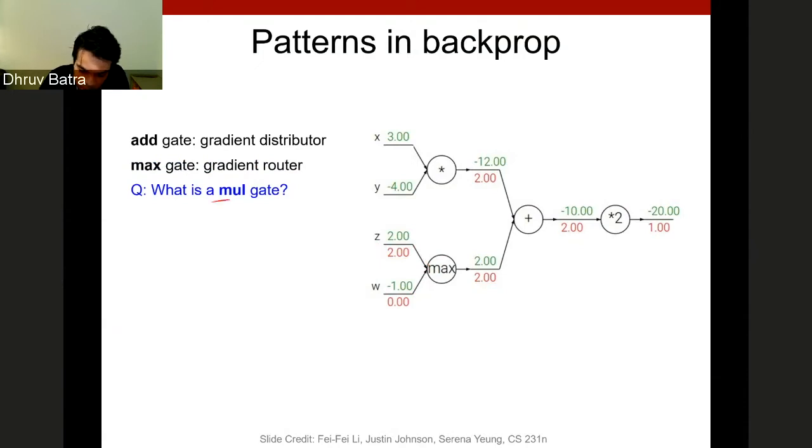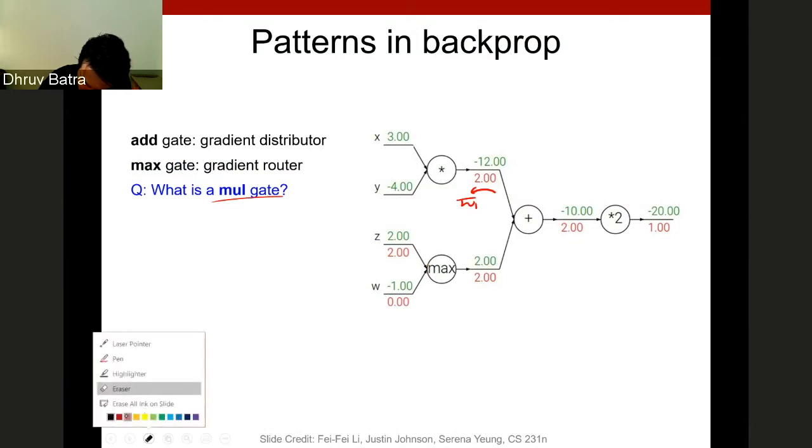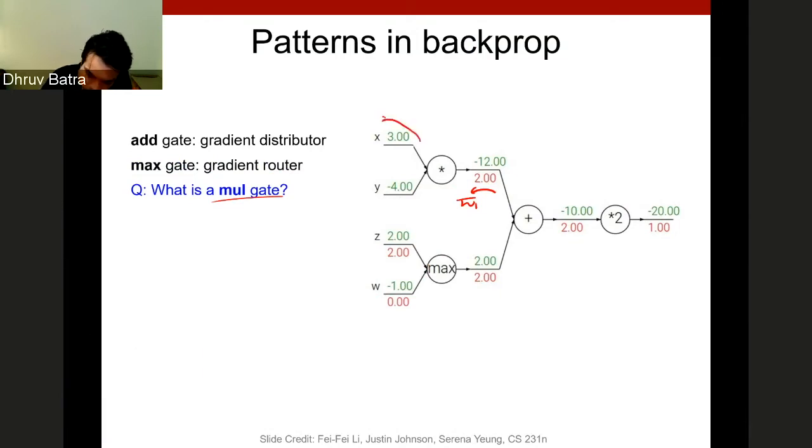What about this multiplication gate? So we're getting W1 bar here. W1 bar is 2. Let's see what we can do to compute the rest. So now what we have to compute is X bar and Y bar. X bar is partial of f with respect to x.